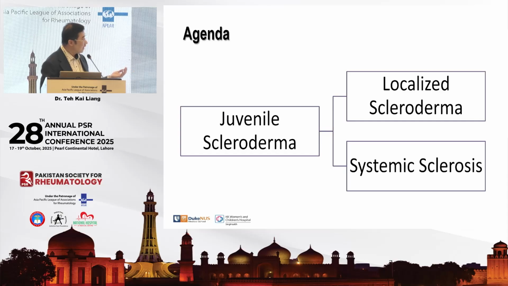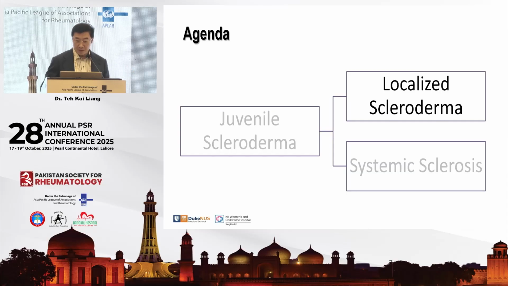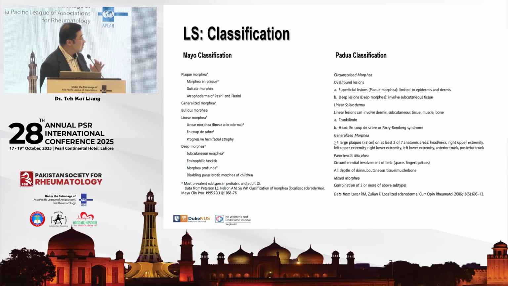So the ratio is 9:1 in terms of the prevalence. Because it's more common, I go with localized first, because this is the disease that you can change their future a lot if you treat early.